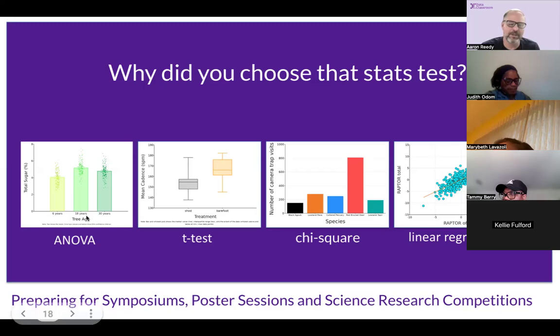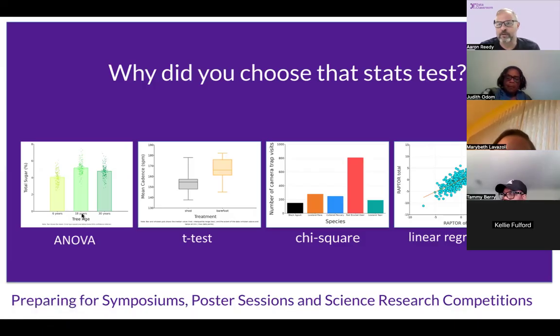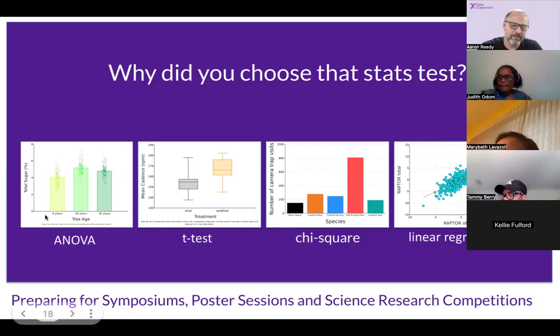Well, if I chose ANOVA, I would say, I chose ANOVA because I was comparing the average sugar content across three different groups, right? So an ANOVA is a fit when you've got three or more groups. Total sugar was a numeric variable, so that's why I chose an ANOVA: I had three groups and I was comparing a number.